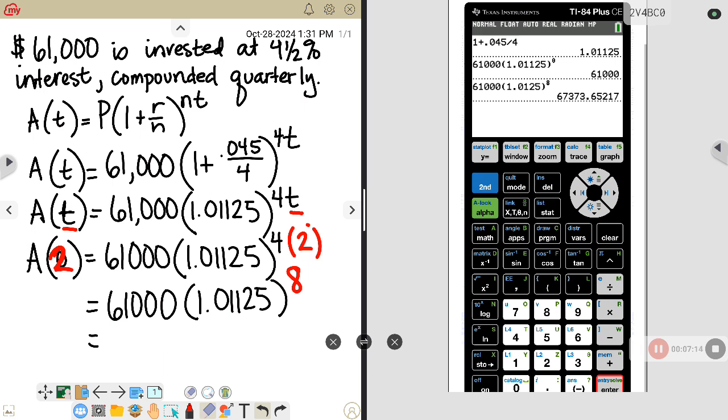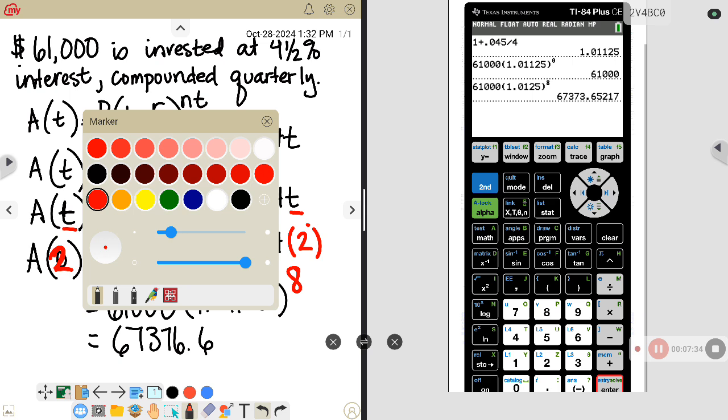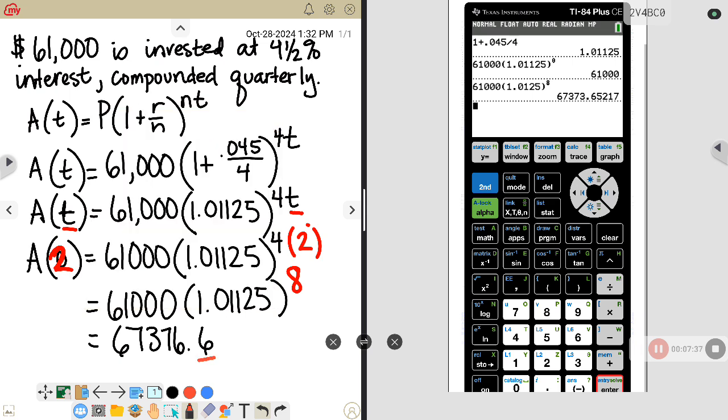So I have 67,373.6, which means since this 0.6 is greater than 5, you're going to round that dollar amount up to $67,377.